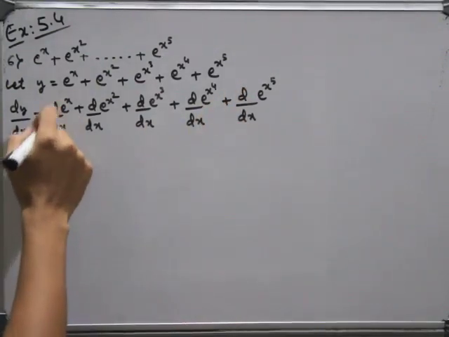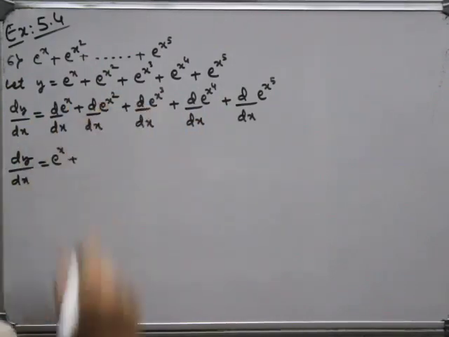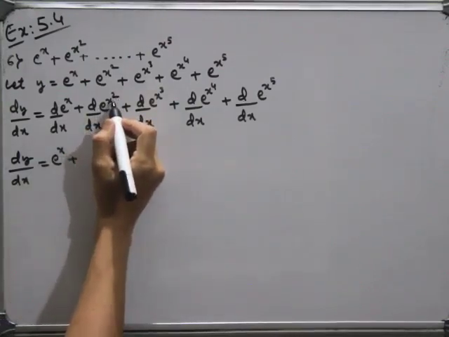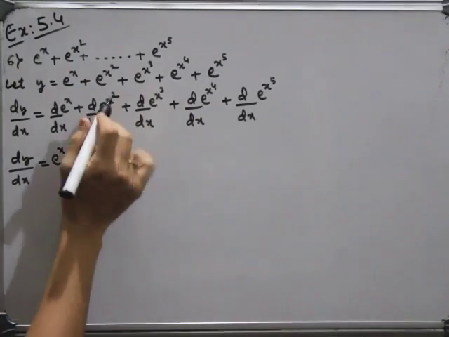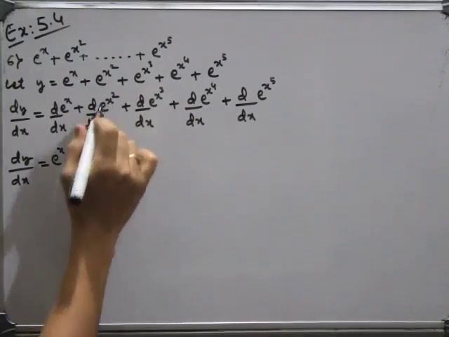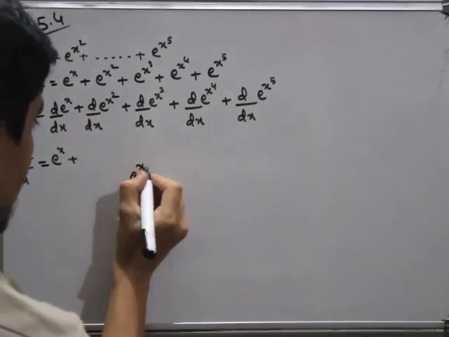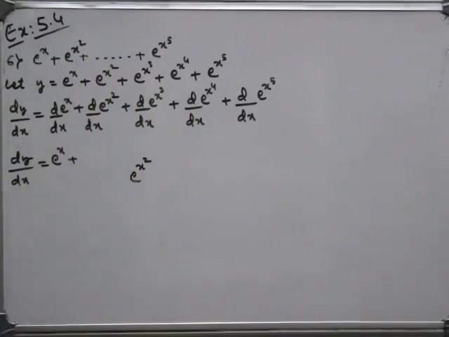E power x, differentiation of e power x is e power x plus differentiation of e power x square, that is e power x square into differentiation of x square, what we will get? 2x. I will just show the hint for this. This one can be differentiated like this: e power x square. Why e power x square? Because differentiation of e power x is e power x.